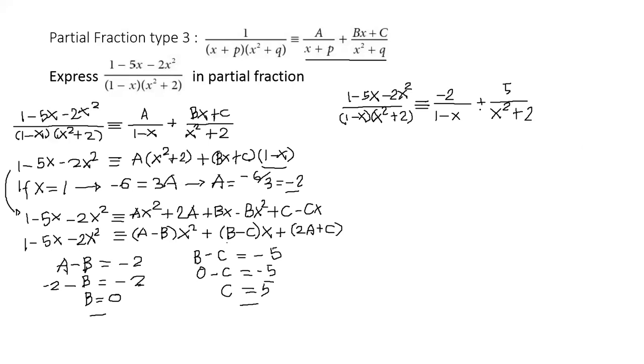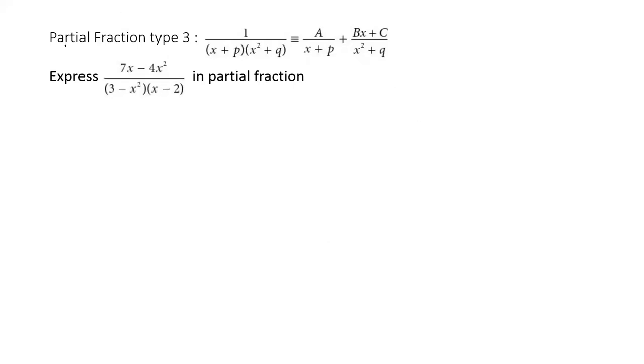All right, let's move to the next question: 7x minus 4x squared over 3 minus x squared times x minus 2.